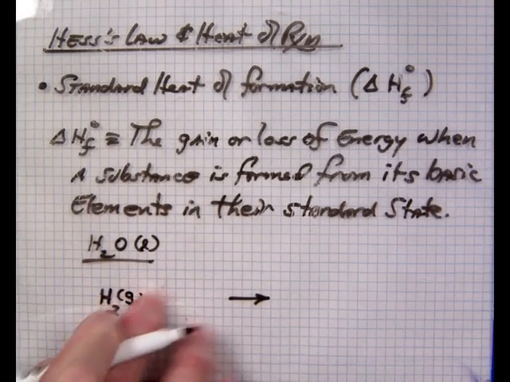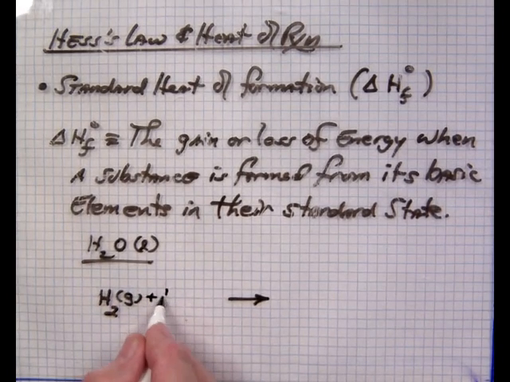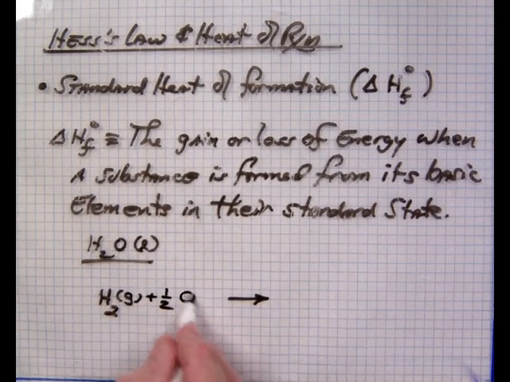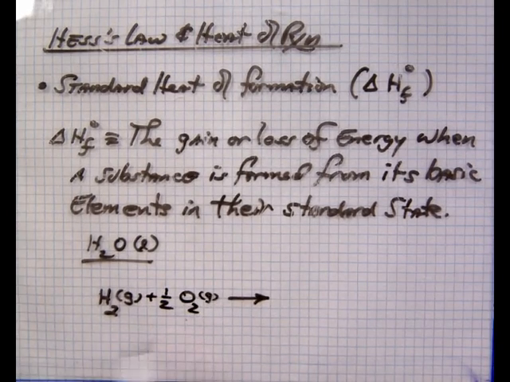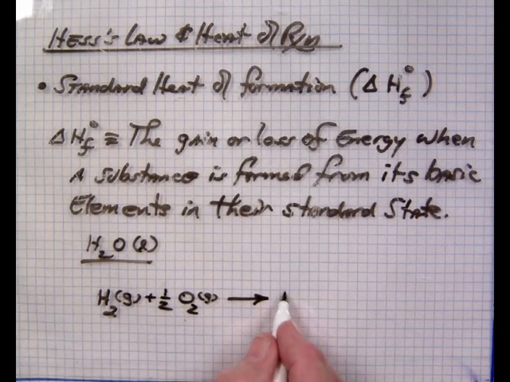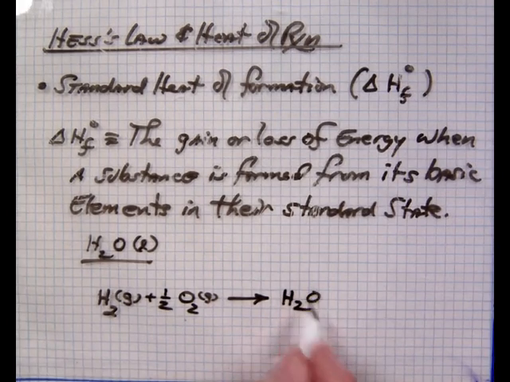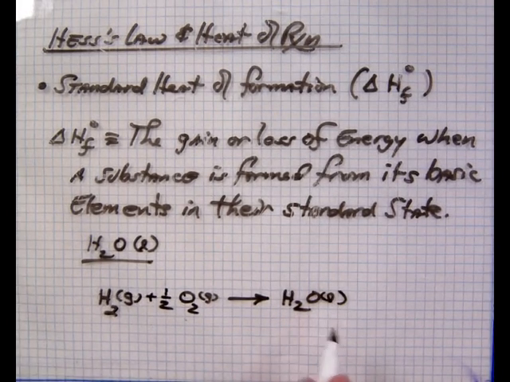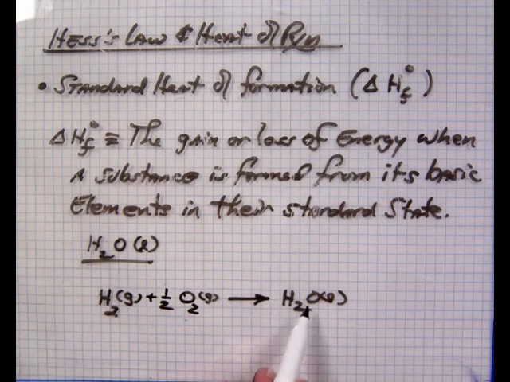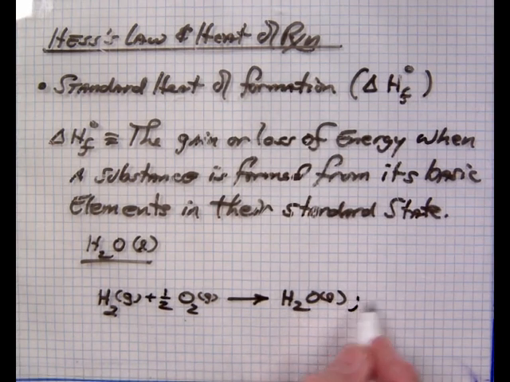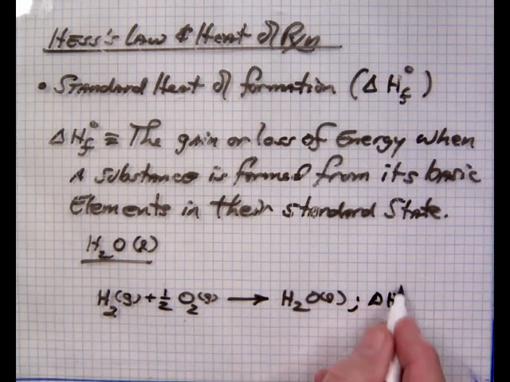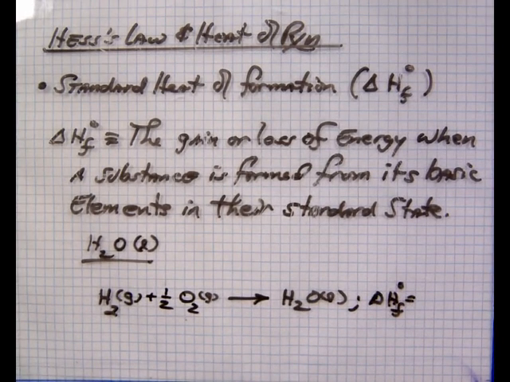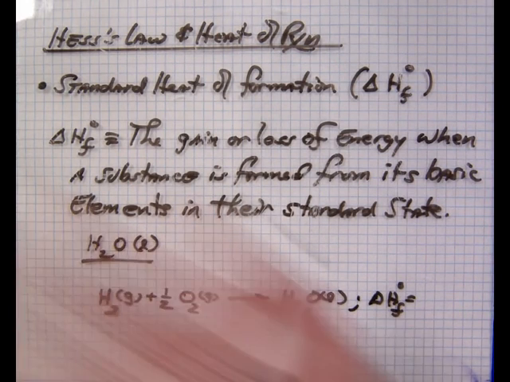How do we do that? There, looks better anyway. Okay, gives 1 mole of H2O liquid. Now, these are basic elements forming this compound. So the delta H of formation of water in the liquid form is a minus 285.8 kilojoules per mole.